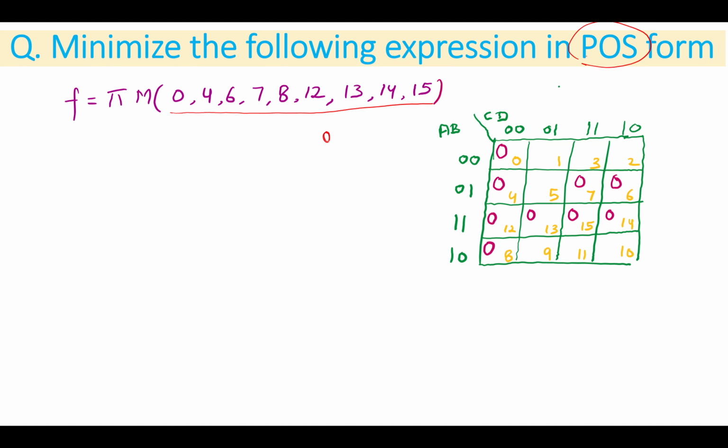We have to find out how many zeros in the 4 variable K-map, so we have written them here. Now we are going to form some pairs or quads. We have to see all the possibilities. Here all 4 zeros are there, so that means all pairings are possible.